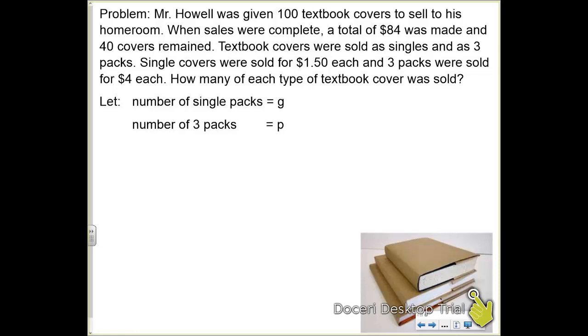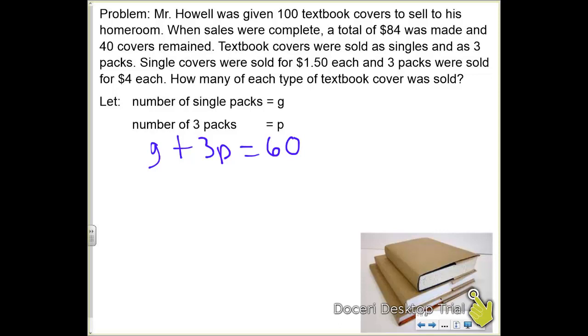So if I start with the number of single packs, G, and I add to it the number of book covers sold in the 3-packs, P times 3, that has to add up to 60 covers. So G plus 3 times the number of 3-packs I sold equals 60. That's one equation.